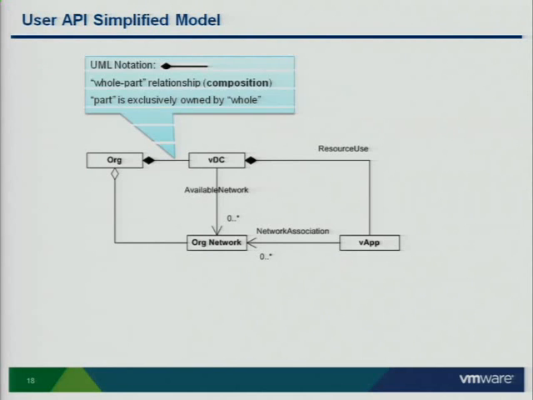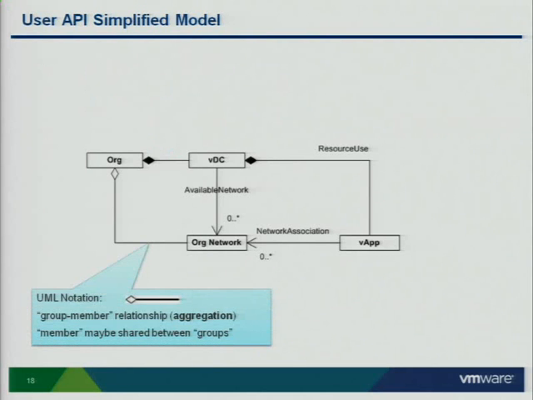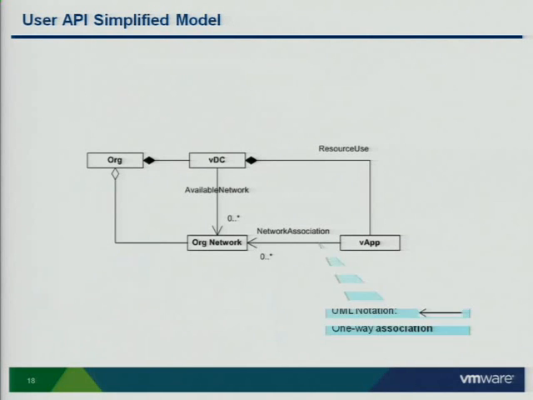Then I'll use this notation, which is called aggregation, to represent a group-member relationship. And members can be shared between groups. On this simplified model, organization can contain org networks, and these org networks can be shared between different organizations. And I'll use this UML notation, which is called association.